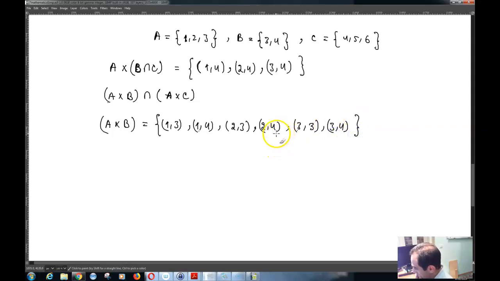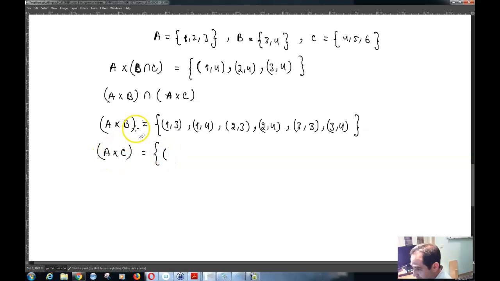Okay, that's the Cartesian product of A and B. Now the Cartesian product of A and C is equal to a similar set to this set, but of course the elements are going to be different.